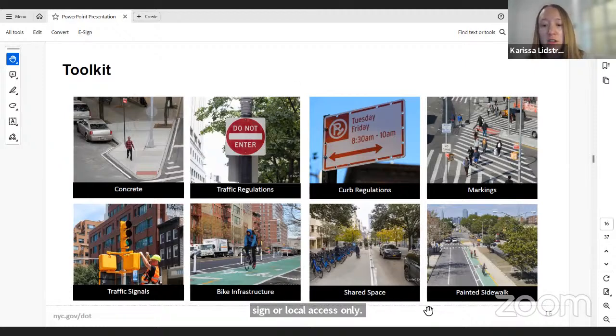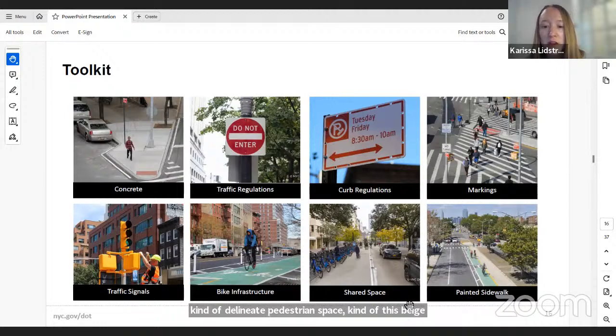We also can use a lot of different materials on our streets to delineate spaces for different modes. I think one that everyone is very familiar with is the green bike lanes, but we also have the ability to delineate pedestrian space, this beige color on the bottom right.